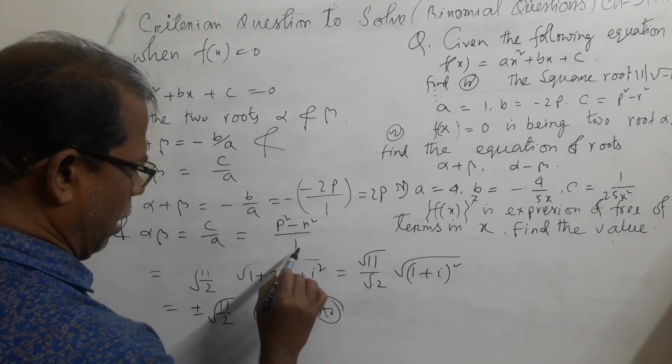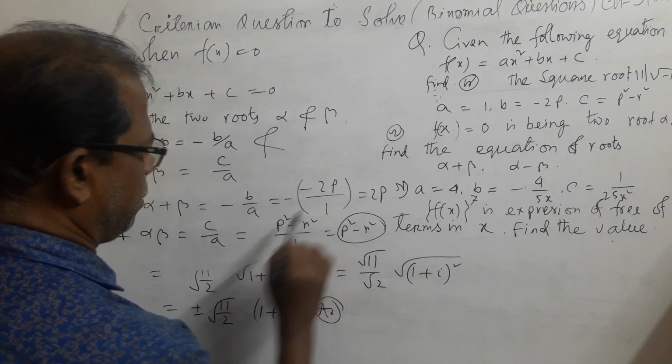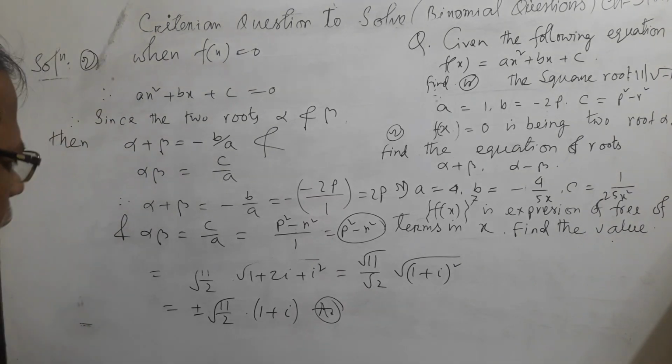That's why p square minus r square is alpha beta, and alpha plus beta is 2p.